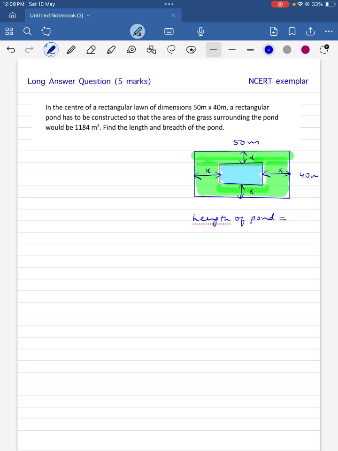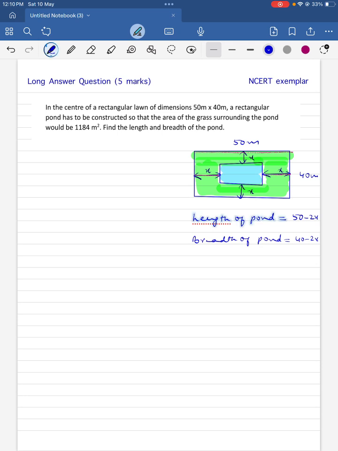Now why is it 50 minus 2x? Because this entire thing is 50 and you have two sides with x each. So the length of pond will be 50 minus 2x. What about the breadth of the pond? On the other hand, breadth of pond will be equal to 40 minus 2x.